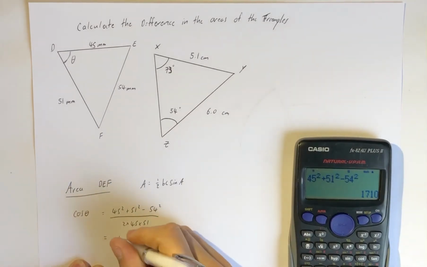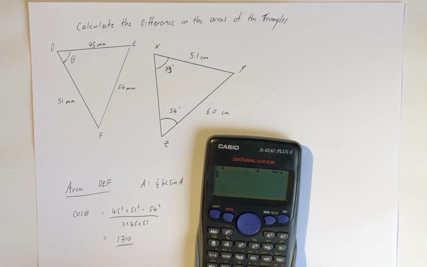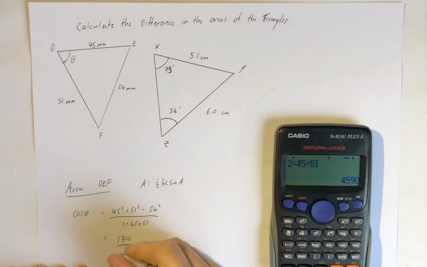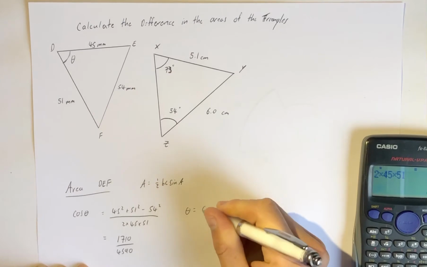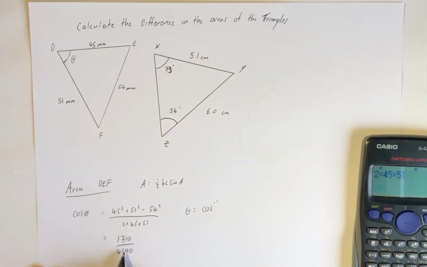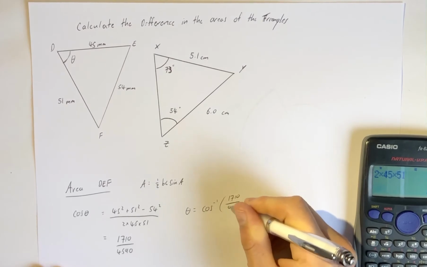1710. Over and on the bottom we have 2 times 45 times 51, 4590. And then if we just want theta by itself is cosine inverse of that fraction.